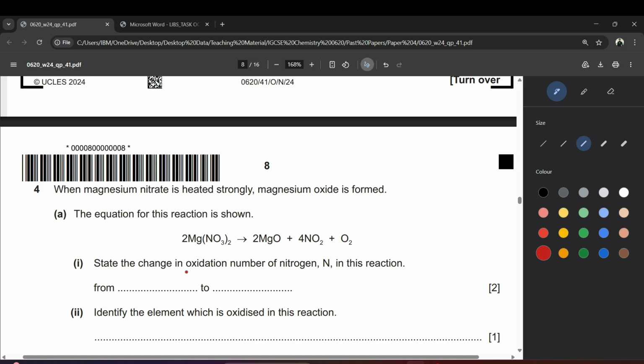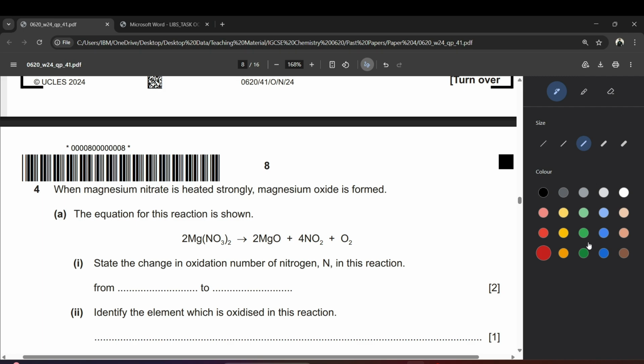Now it says state the change in oxidation number of nitrogen in this reaction. It is very important to understand because this is something which has been updated in the recent syllabus. From 2023 and onwards, you will start seeing these types of questions more and more. But before 2023, you won't see these types of questions. So let's go through this one by one.